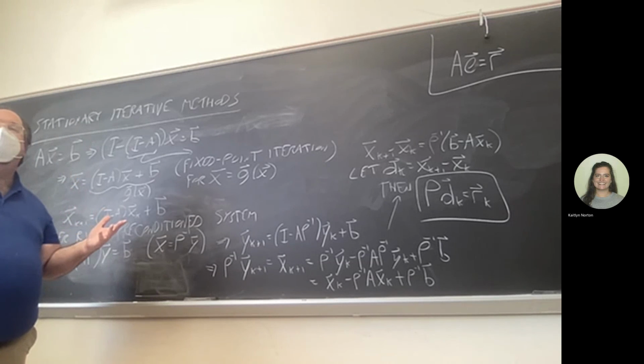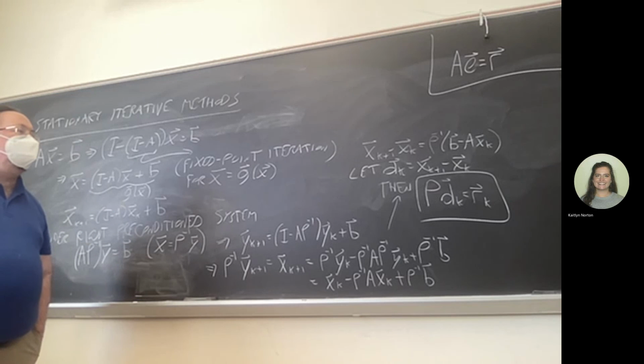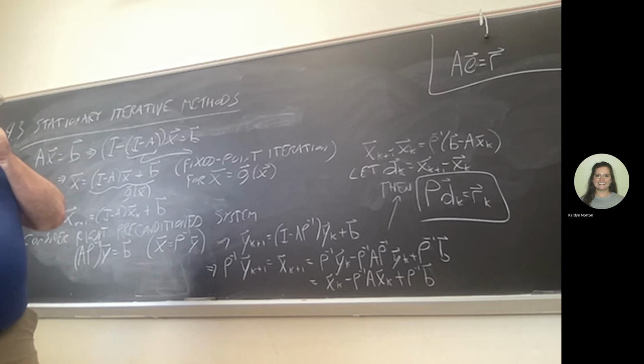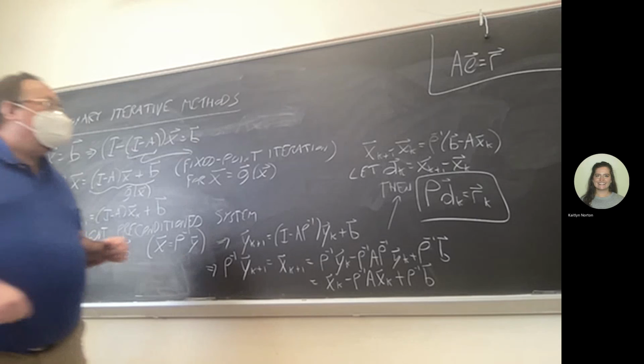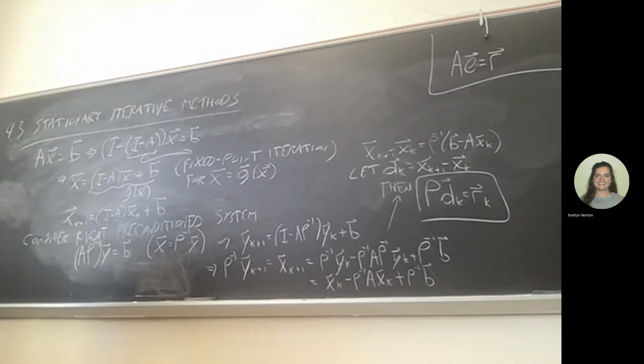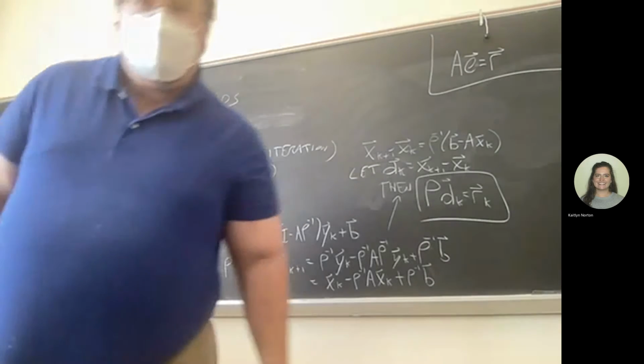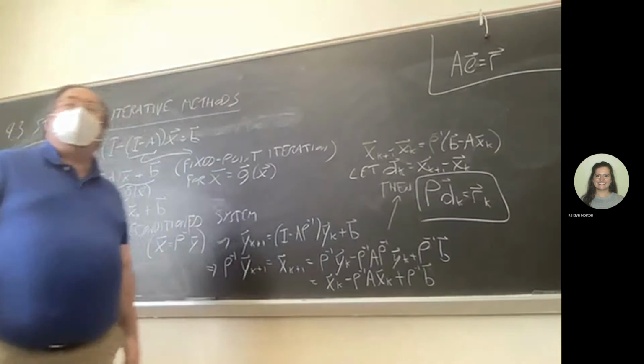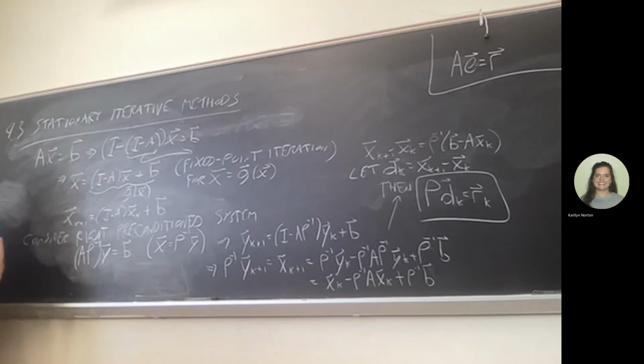So how should we choose P, so that this is an effective way of solving Ax equals b? Because we want this, we got this. So what should be true of P to be a sensible iteration for solving Ax equals b? So I could pick P to be anything.